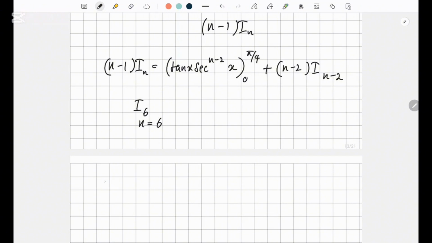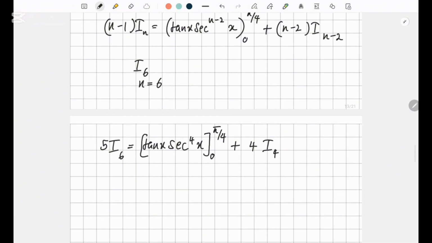So when n equals 6, we have 5 I6 equals tan x into sec x to the power 4 with intervals, plus (n minus 2), which is going to be 4 into I4, right? But now to find I6, you need I4. So we'll have to find I4 first.